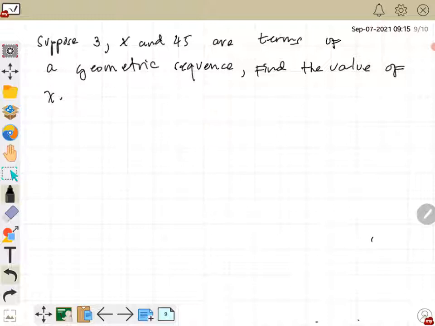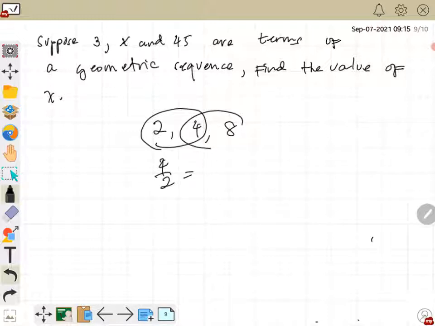So what we learned a while ago is that if we have, let's go back to the idea of 2, 4, 8, notice that 4 divided by 2 is just the same as 8 divided by 4. So we can also do this here.